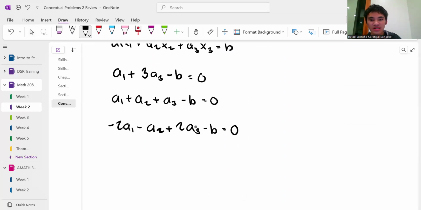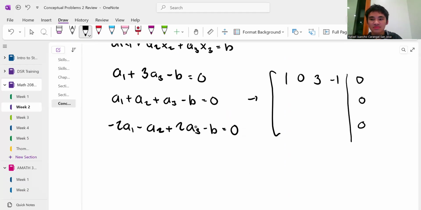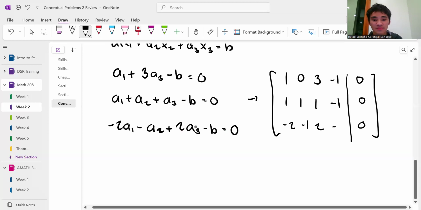So let's actually rewrite it into an augmented matrix. This is going to be 1, 0, 3, -1, and these are all zeros. So immediately we can see they're the same in terms of size, where they have more variables than equations. 1, 1, 1, -1, -2, -1, 2, -1.